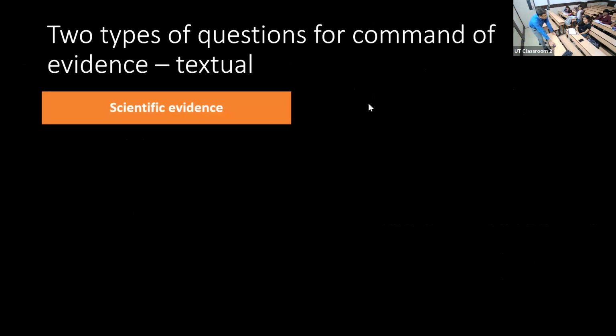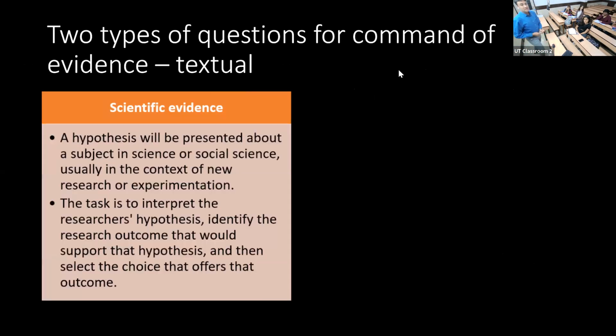These two types are, first, scientific evidence based, which we just did. There was some science-based research, social research, society research, human behavior, some research happening. So we are calling it scientific evidence type of questions, which means there will be some hypothesis presented. Someone will be challenging one thought or establishing a new thought about the subject in science, social science, research, experimentation.